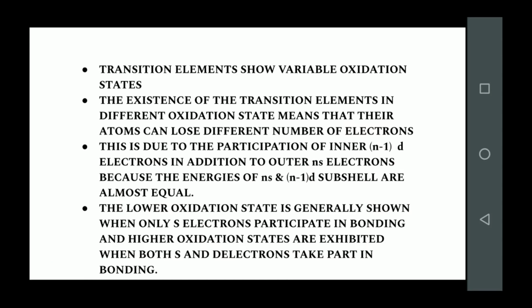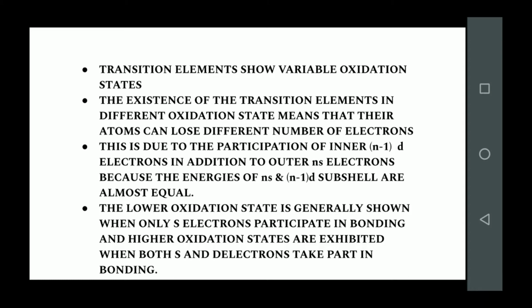We know that transition elements show different oxidation states, and this is due to what? The atom can lose different numbers of electrons. If the element is showing only one type of oxidation state, for example scandium shows the +3 oxidation state, it means that it can lose or share 3 electrons, and it cannot share or lose 1 electron or 2 electrons.